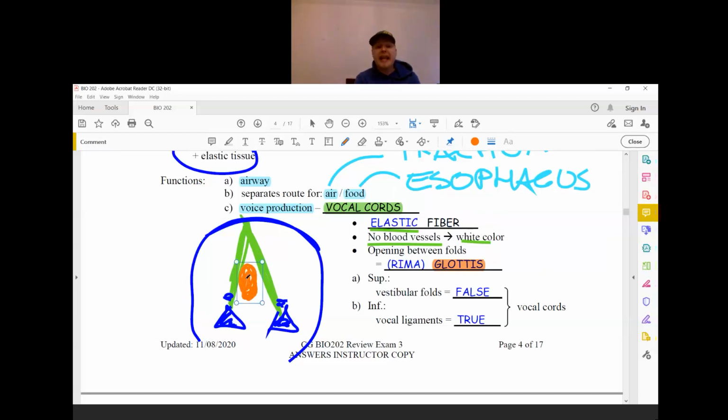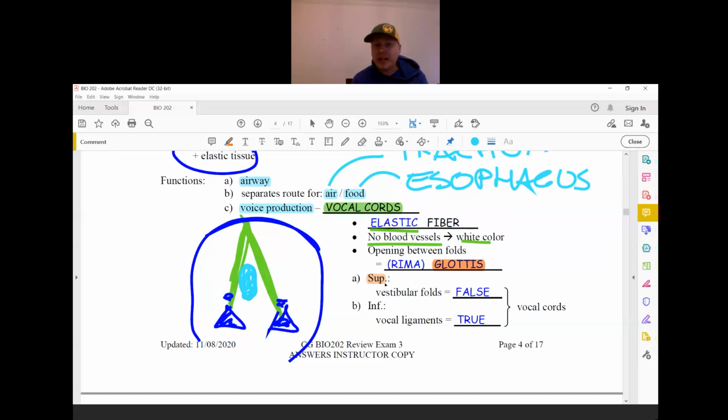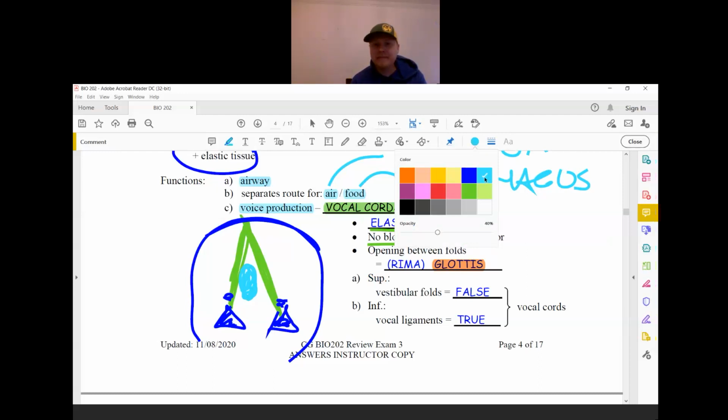We actually have two sets of vocal cords. The more superior ones are often described as false vocal cords, and that's because they do not contribute to voice production. Oh, I didn't mean to use that color. Let's change the color here.